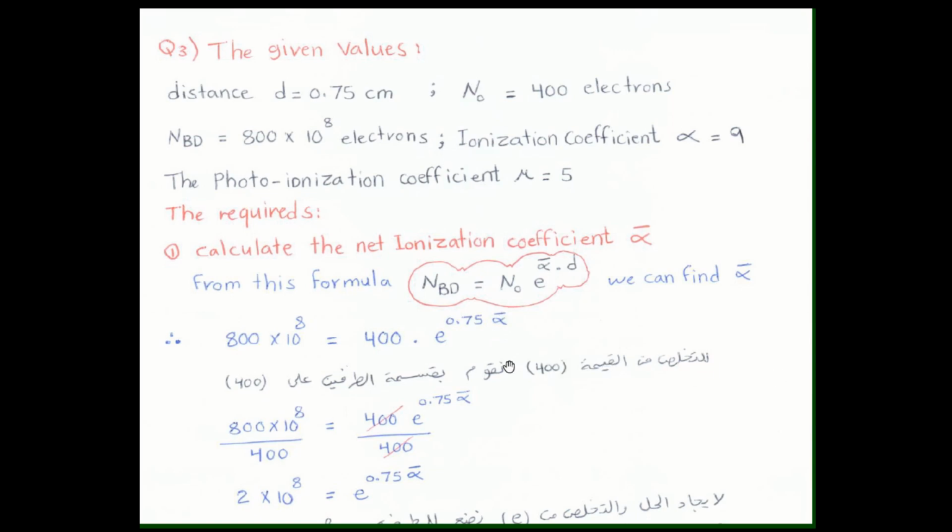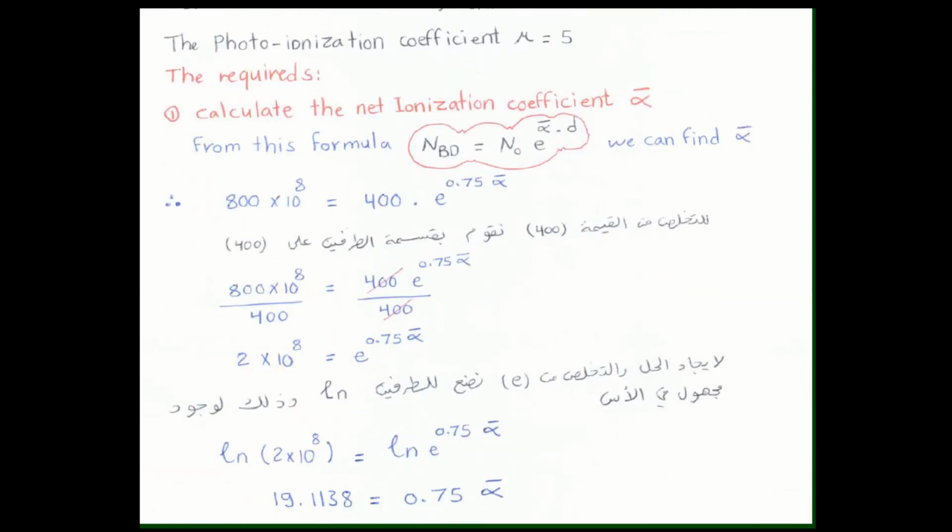To remove the 400 from in front of e, we divide both sides by 400.